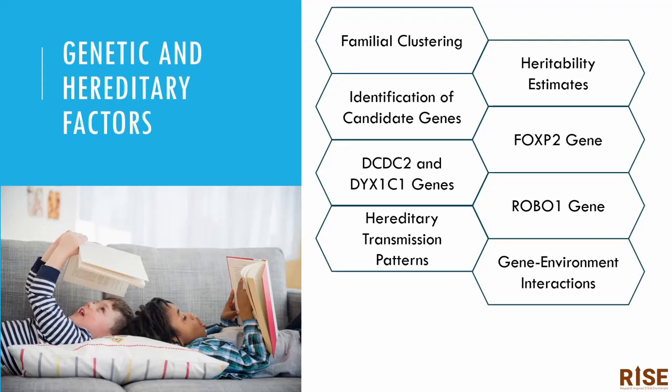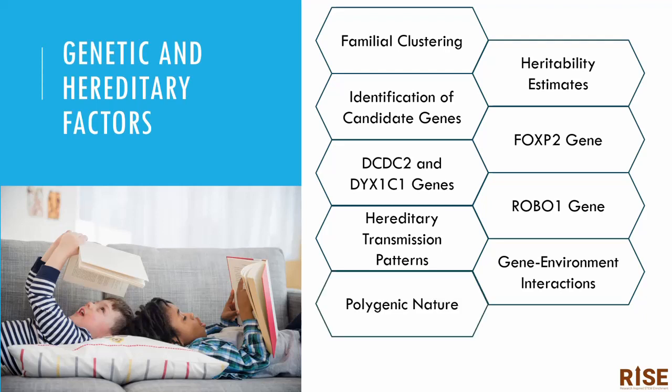8. Gene-environment interactions. While genetic factors play a substantial role, interactions between genes and environmental factors also contribute to the development of dyslexia. Environmental influences, such as early language exposure and educational experiences, can modify the expression of genetic predispositions. 9.